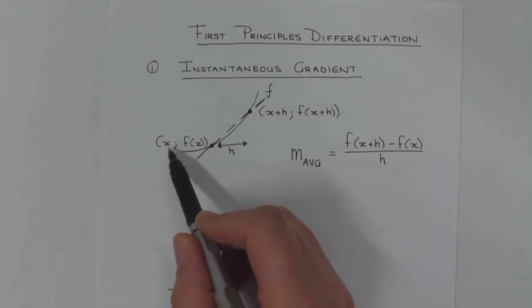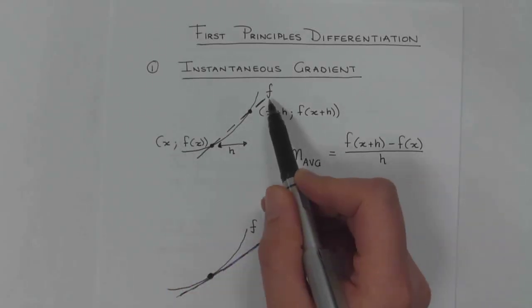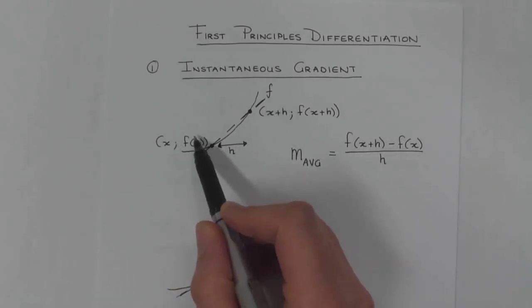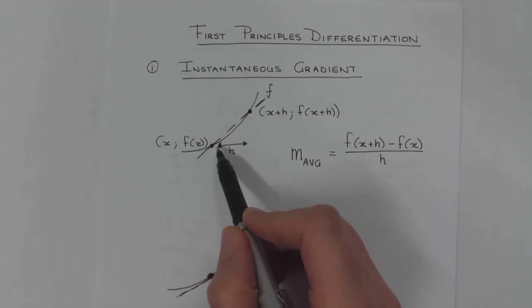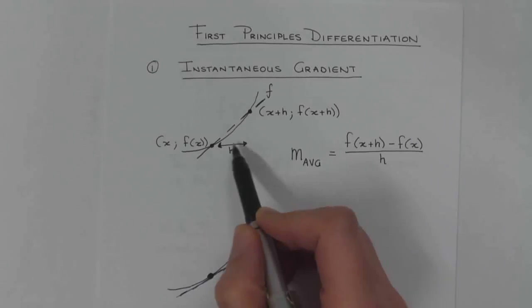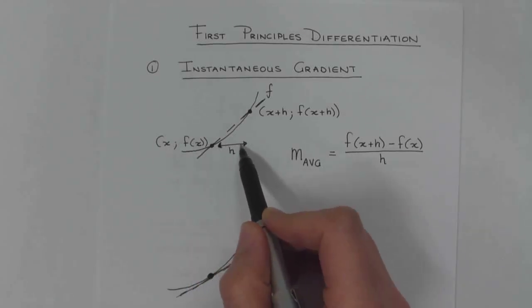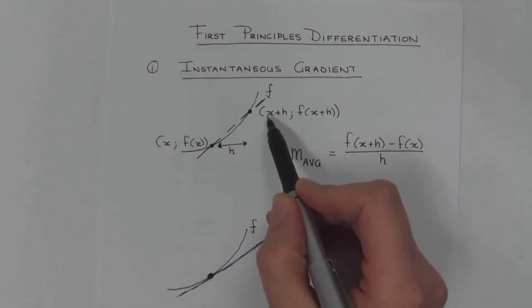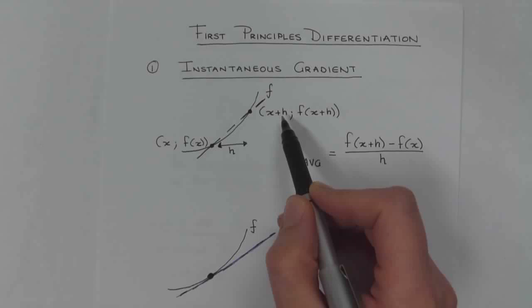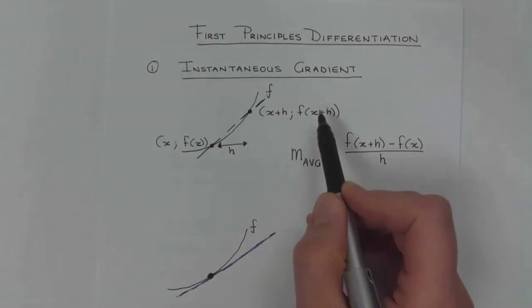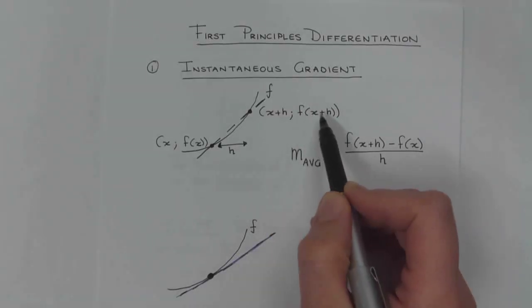So if I substitute x into this function, I will then get f of x, which is my y-coordinate. Now, if I then move from this point a horizontal distance of h units, then obviously it's x moving a horizontal distance of h units till I get to the point x plus h. But then if I want to get the y-coordinate again, it's got to be a substitution into the function f, so that's got to be f of x plus h.